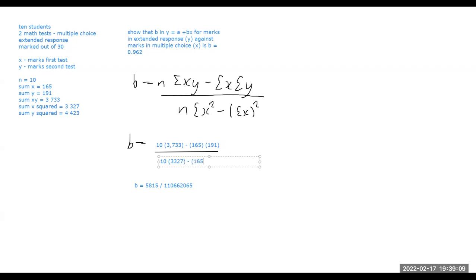Oh, you put a square on it. Oh, that's it. I get what you said now. Okay, all right, I was wondering what happened there. You squared it. Yeah. I think that was 5815 in the numerator.